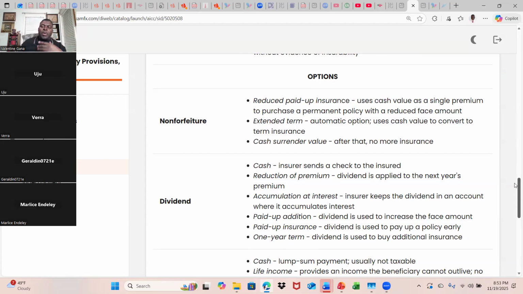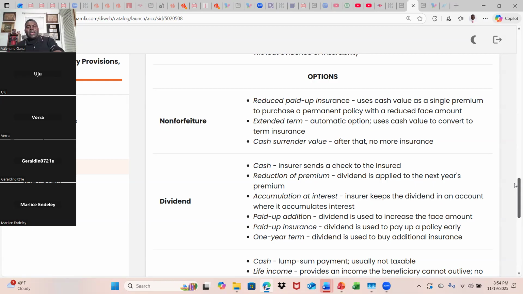One, reduced paid-up. It just says you have the right, if you accumulated cash, to reduce the face value of the policy and use that cash to pay it off. That's reduced paid-up. Extended term, you can use that cash. So if it's a policy that was supposed to expire, you can use that cash to extend the term of the policy. Cash surrender.